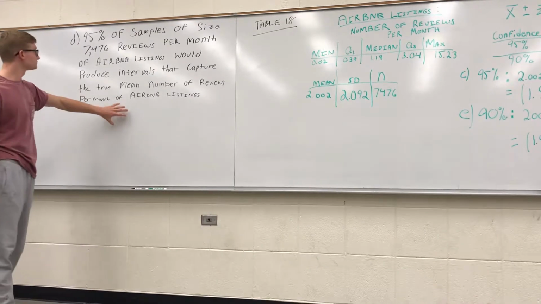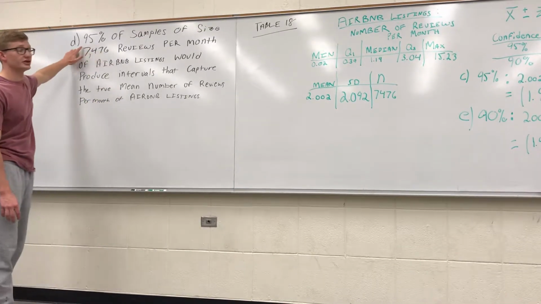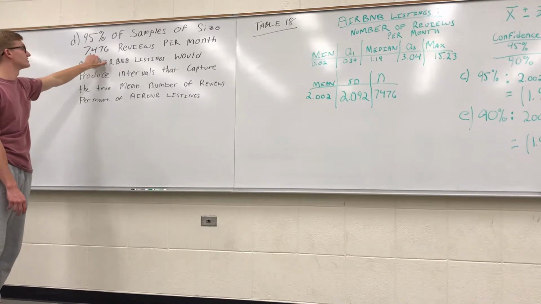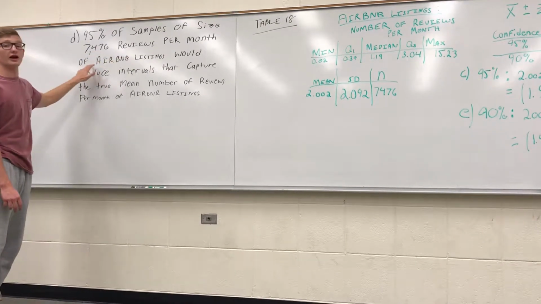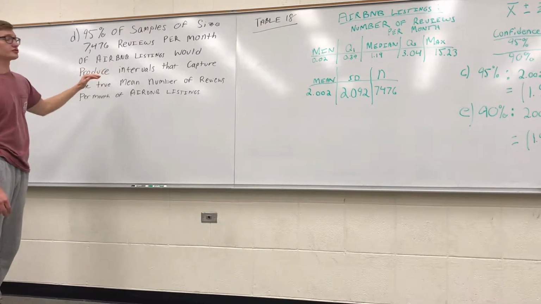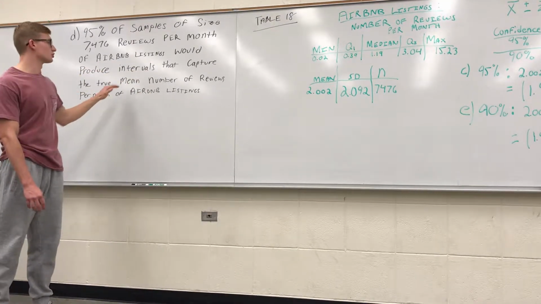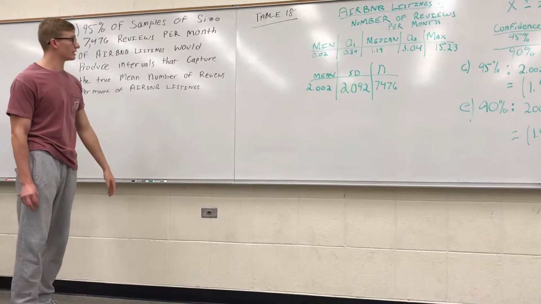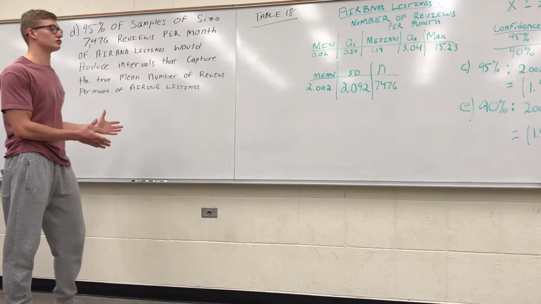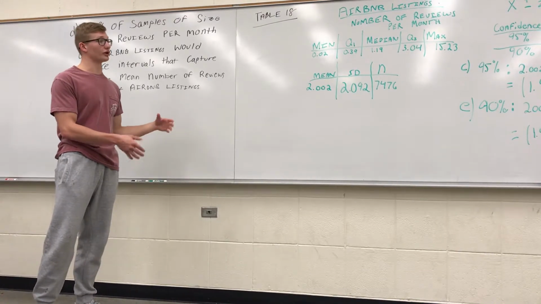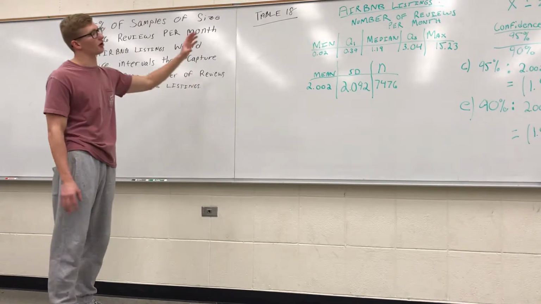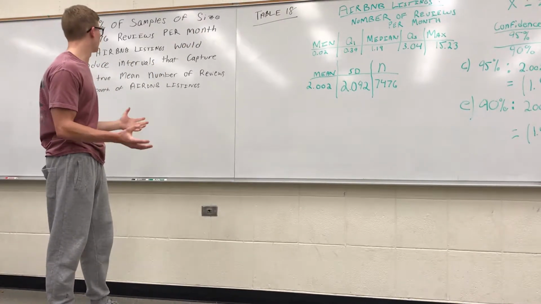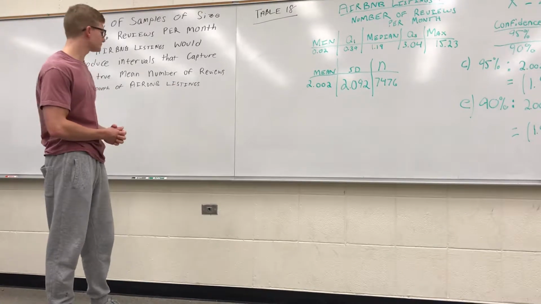It's a little wordy. 95% of samples of size 7,476 reviews per month of Airbnb listings would produce intervals that capture the true mean number of reviews per month of Airbnb listings. And this could only apply to September and only to the San Diego area, because that's where our data was taken from, and that's where our population was, where we sampled.